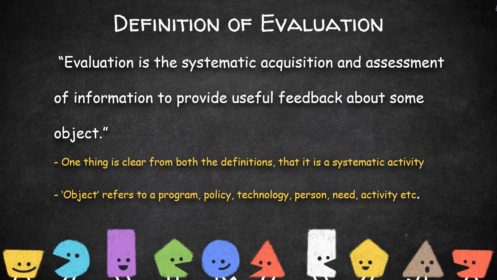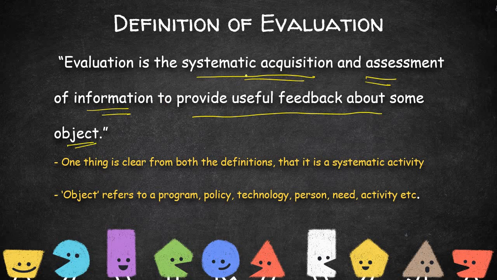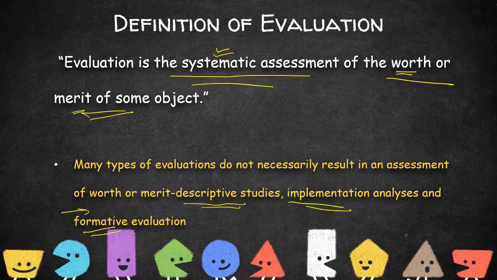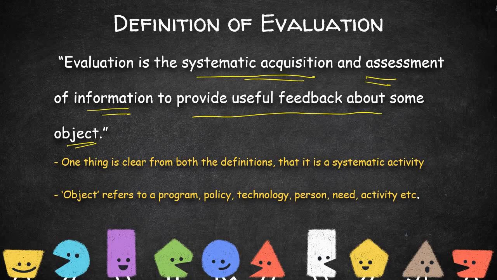The other one says that evaluation is the systematic acquisition and assessment of information so as to provide useful feedback about some object. Systematic is common to both definitions, or rather systematic assessment. Here we have an additional term, acquisition, and it is about information. Information could be seen as something which initiates action.